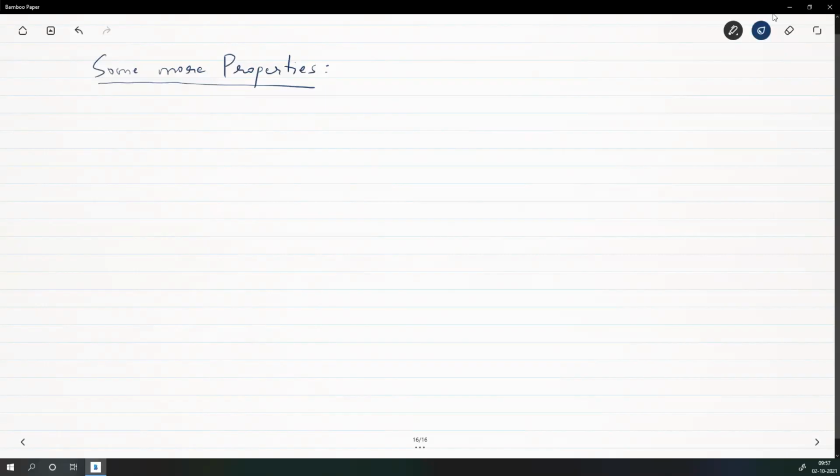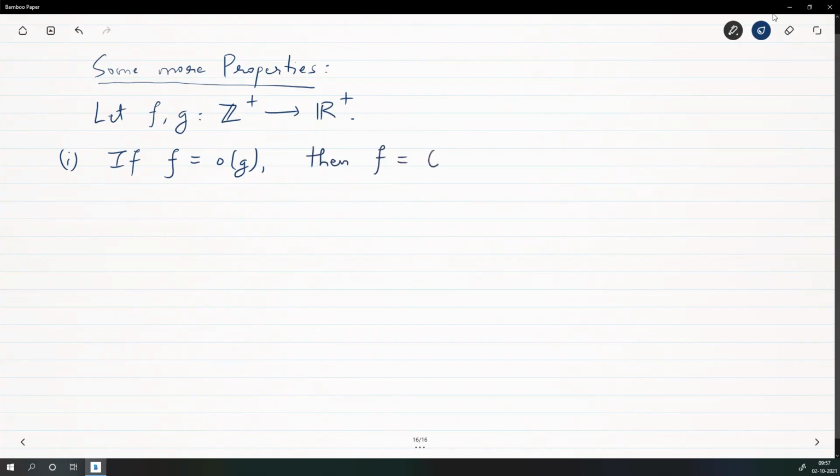So what do I mean by that? Let f and g again be functions from positive integers to positive reals. The first property is that if f is little o of g, then f is in fact big O of g.